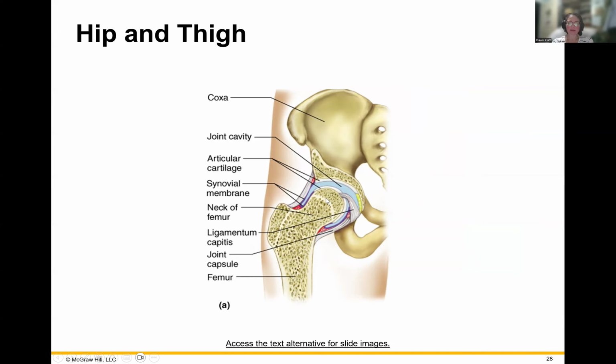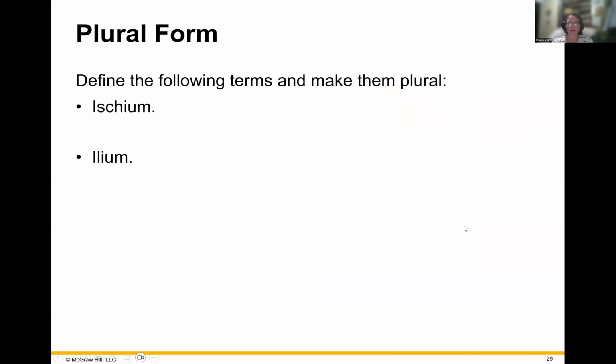If you've had people who've had a hip replacement, it's typically this part right here that's cracked, and then they need a whole hip replacement, or they put a rod in here that fixates it so that it can heal up and they can walk again. All right, so we've got a couple of terms here. We have our ischium and our ilium. We just need to make them plural.